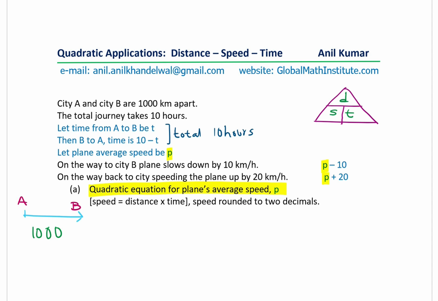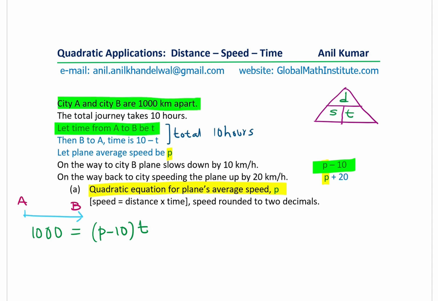So in this case, distance is 1000, speed of the plane is p minus 10, and the time taken is t. Correct? So these are the things which relate the first part of the journey. P minus 10, time t, and the cities are 1000 kilometers apart. Is that clear to you?